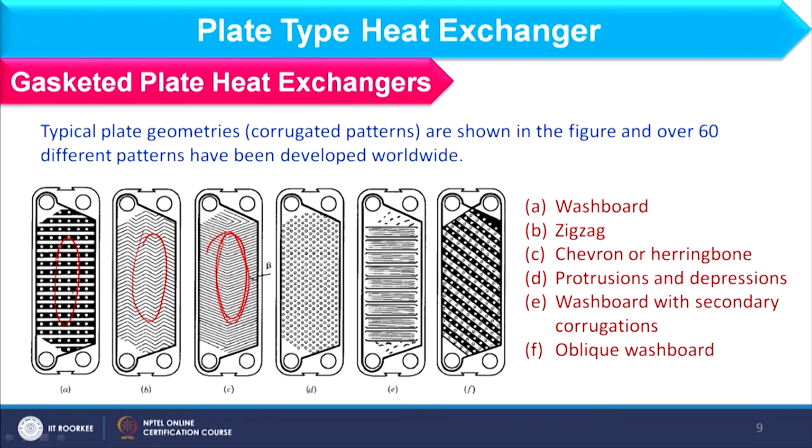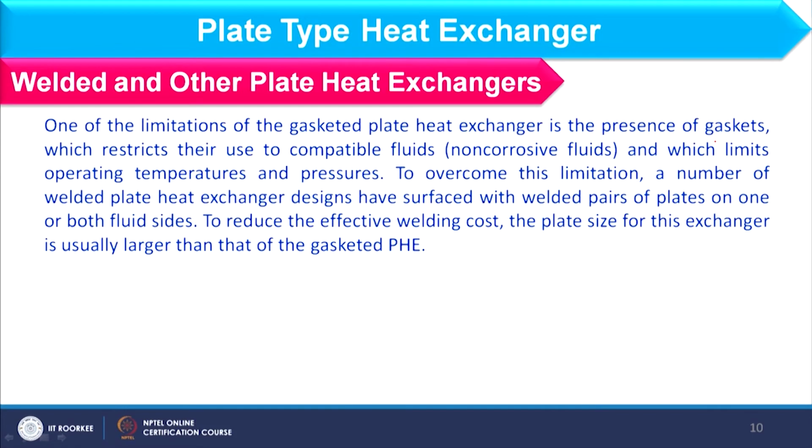So you can see we have different types of plates, and when we cover the whole design over the plate, there are more than 60 different patterns. So you can understand the structure or pattern over these plates. Now, we will discuss welded and other plate heat exchangers.